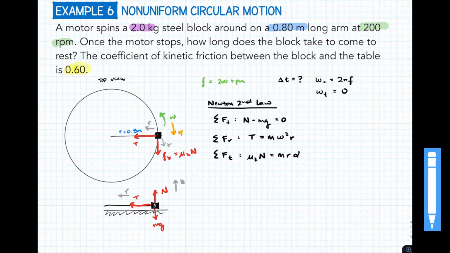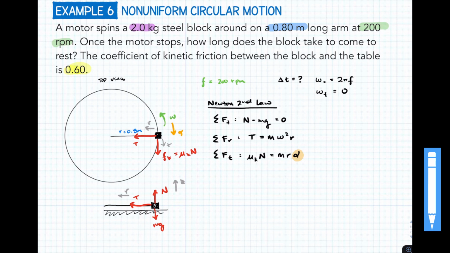So we have our three equations. What we're trying to solve for is angular acceleration. It looks like we probably won't need the radial equation in this case, because what we really need to solve for is alpha. Okay, so that's the main thing we're looking for. We know radius, we know the coefficient of friction, we know mass, and we also know we can plug in the normal force.